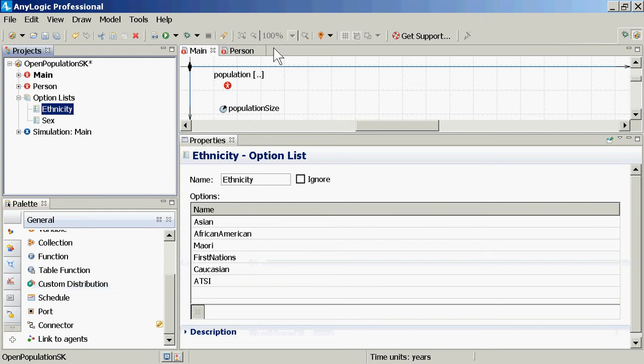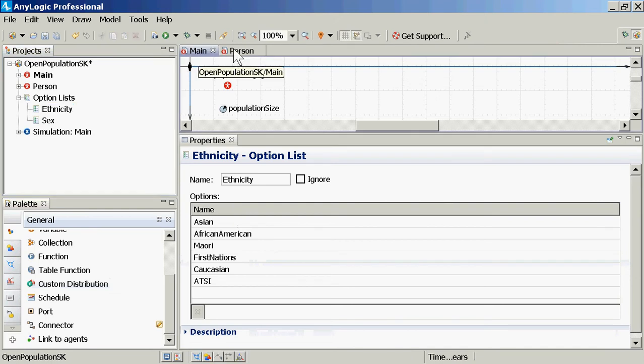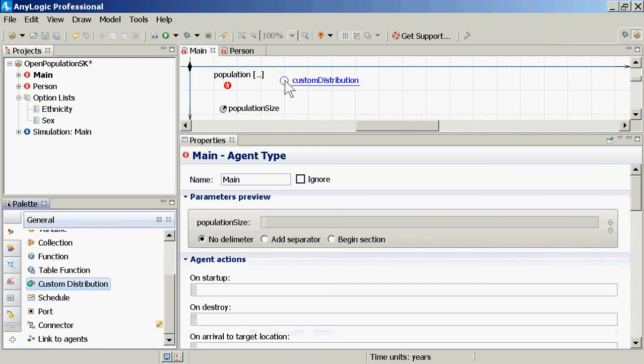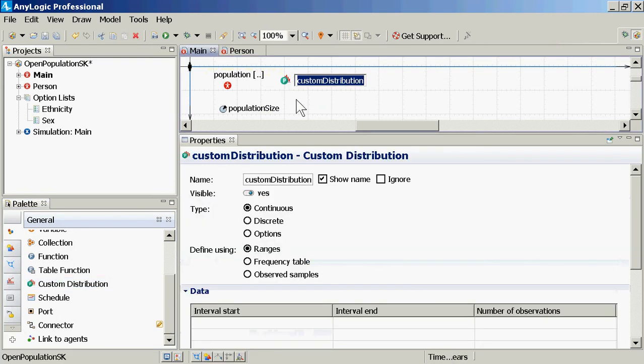So in our main class, we're going to add a custom distribution, which is going to be called ethnic distribution. What did I just do? From the general tab of the palette, I added a custom distribution called ethnic distribution. Now, you notice we have a variety of types of custom distributions that we can define.